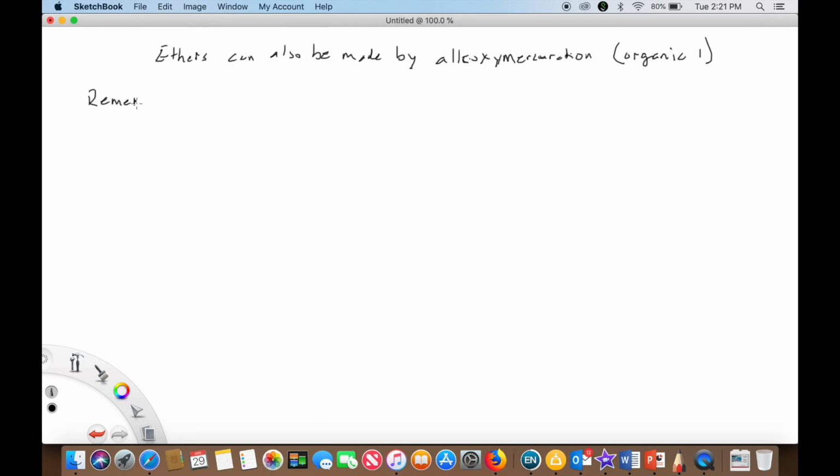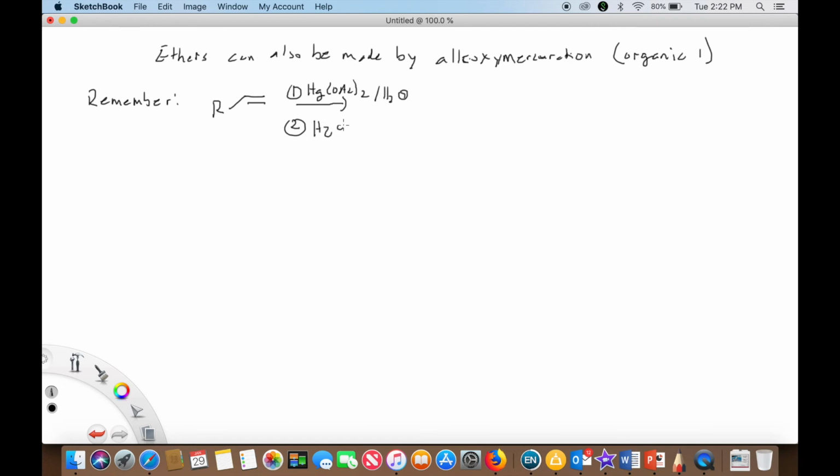So if we remember here, what were the necessary ingredients for alkoxymercuration? Well, we need a double bond, right, an alkene. And then we're going to need to treat this with mercury acetate. And of course, we're going to use water. And in this case, water would be our nucleophile.